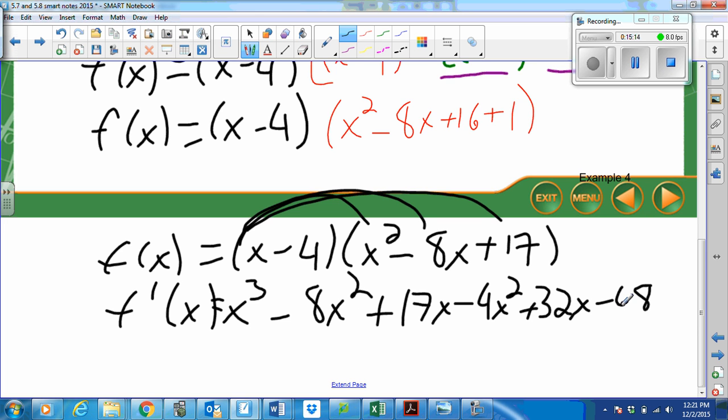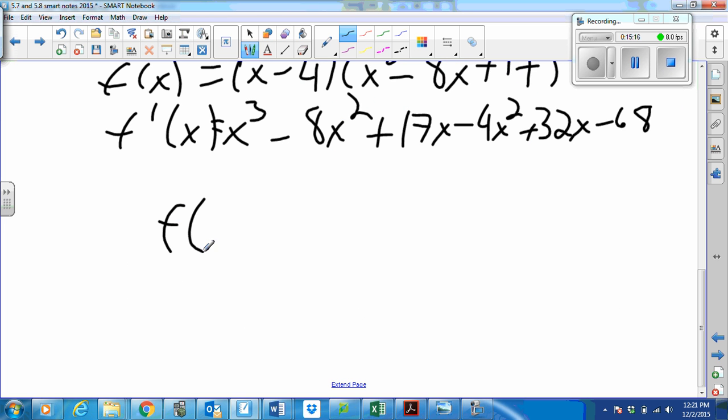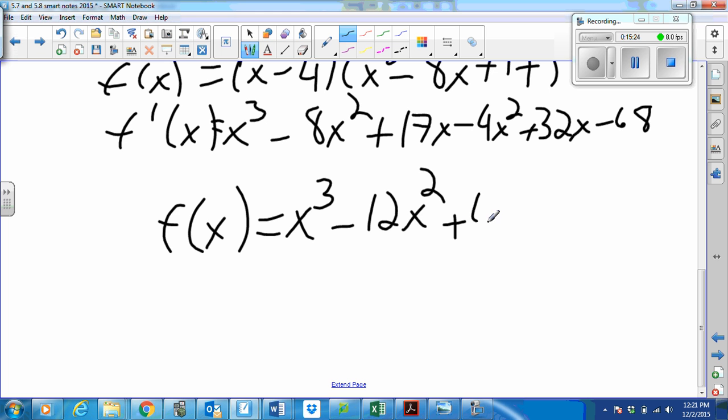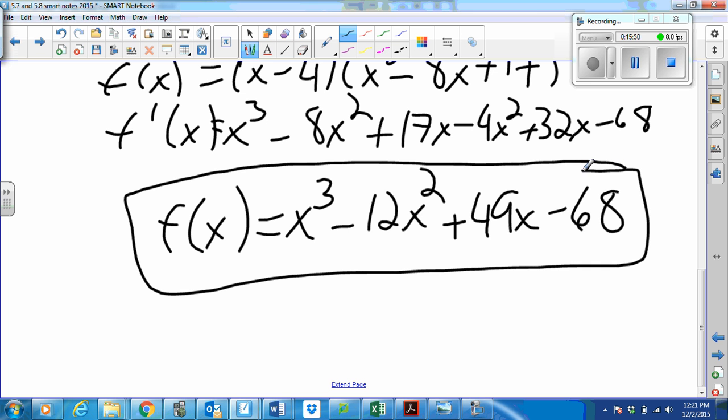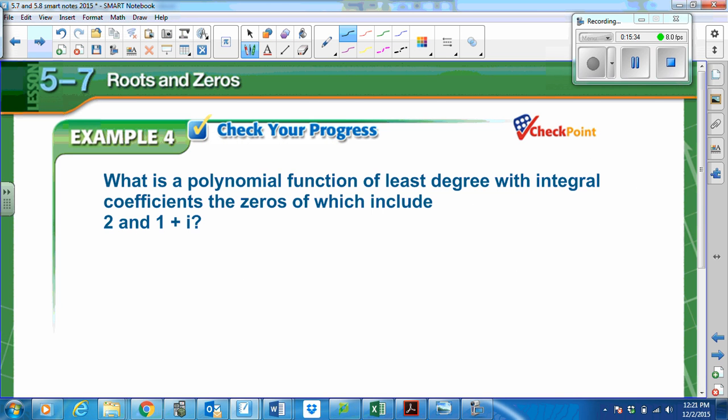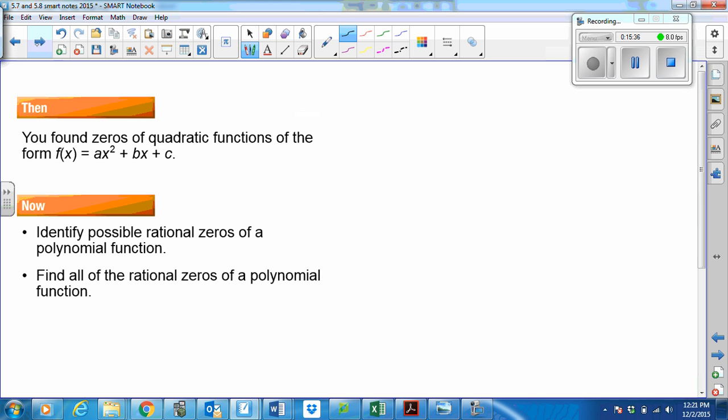And then finish simplifying it. So f of x equals x cubed minus 12x squared plus 49x minus 68. And that would be the least degree polynomial that you could have if you have 3 solutions. And that's another practice on that.